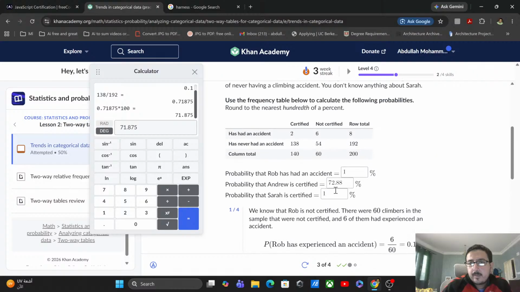So this is the problem. The 1. 2 out of 8. Certified, 140 out of 200. There's no way, because they both are certified. 40 out of 200.